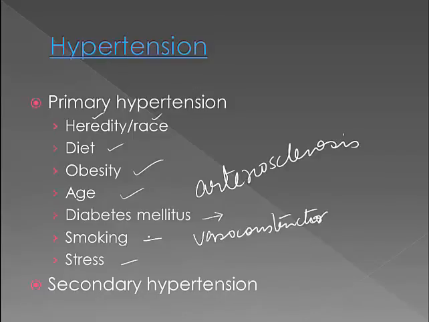So any of these could be causes which have led to primary hypertension, but the exact cause is difficult to pinpoint. Secondary hypertension is due to anything in the kidneys, or there could be endocrine disorders, there could be something else, there could be a definite cause for it, and secondary hypertension is seen in about 10% of cases.